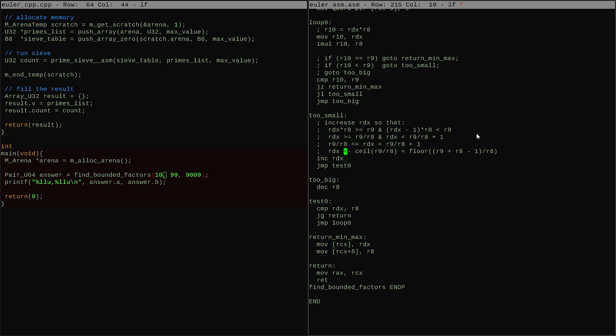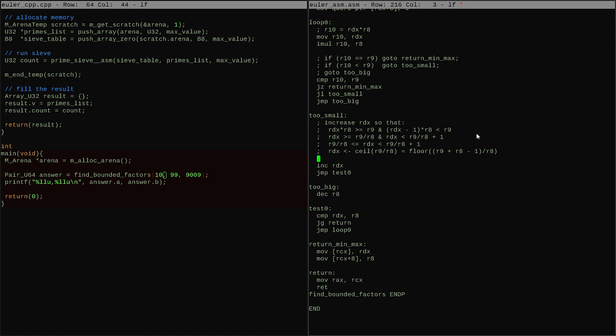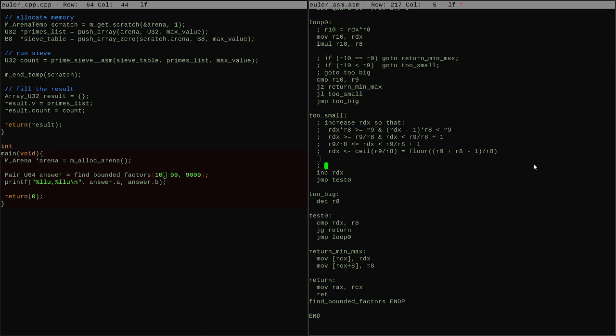So what we're going to do is fill that stuff in. The idea is, first of all, let's compute R9. Actually, what we'll do is we'll say R10 equals R9 plus R8. Actually, this needs to be RAX.